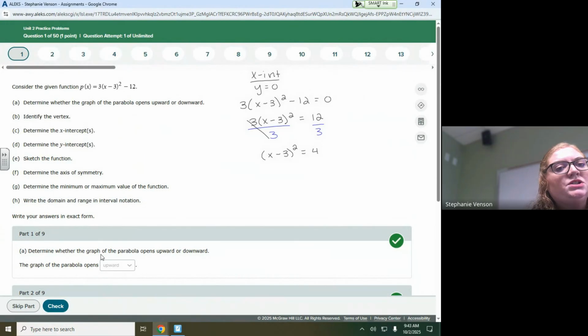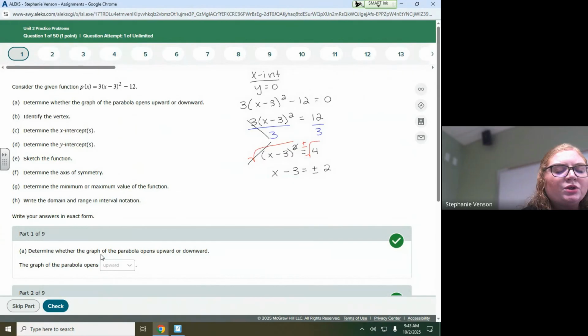This will be nice because what's the next step? Square root both sides, just put a plus or minus in front of the numerical side. But remember, when you square root both sides, the square root symbol and the square cancel each other out. So we have x minus 3 equals plus or minus 2 because the square root of 4 is 2.